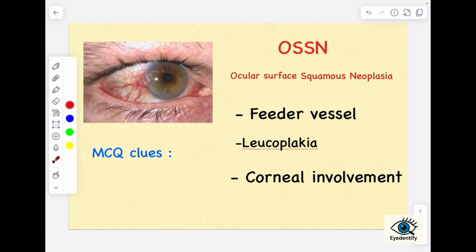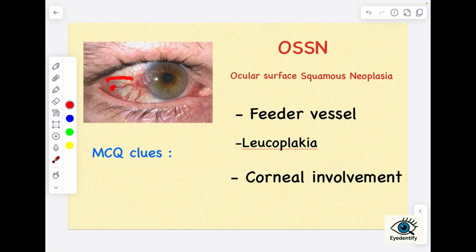Other is OSSN, ocular surface squamous neoplasia. It is a rare question to be asked in NEET PG, but still we have to remember it because it comes under the differential diagnosis of limbal nodules. We'll see one nodule which is crossing the limbus and also involving the cornea. We can see whitish areas and dilated vessels.